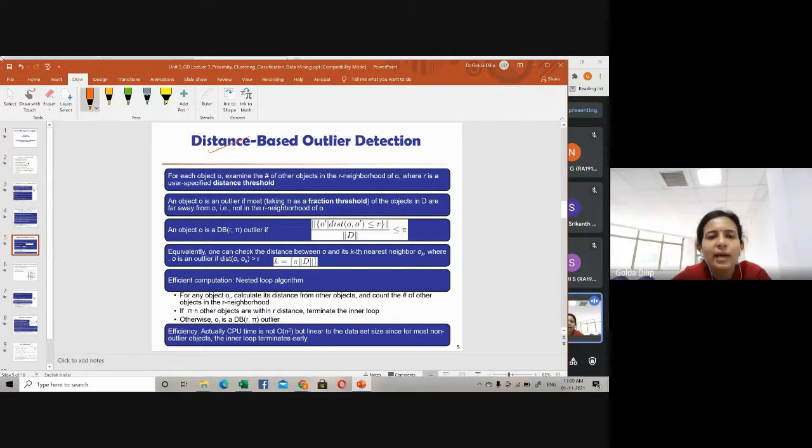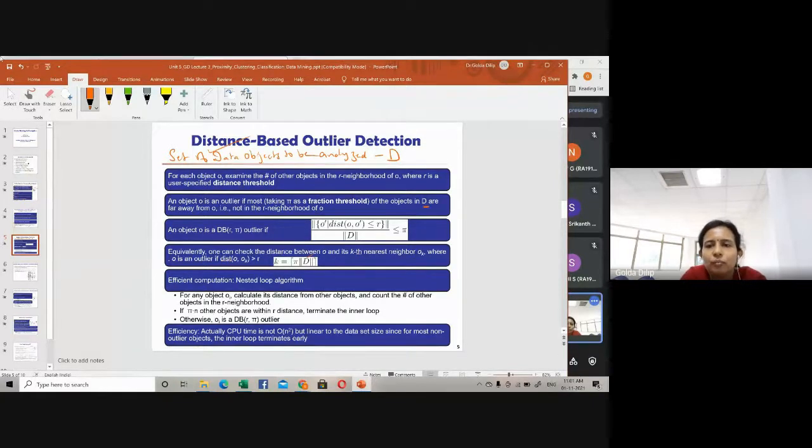Let us say we have a set, represented by the capital letter D, the objects in D. It is a set of data objects to be analyzed, represented by the capital letter D.